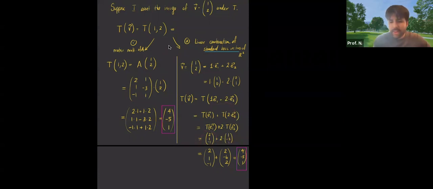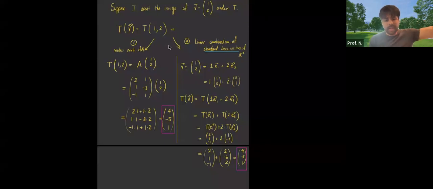But my main point, for this example and for the other ones that you'll see in your homework, is that once you know the image of the standard basis vectors under the transformation, once you know where E1 and E2 are being mapped to, then any other vector you can think of, because you can write it as a linear combination of those standard basis vectors, you can figure out where it is being mapped to.